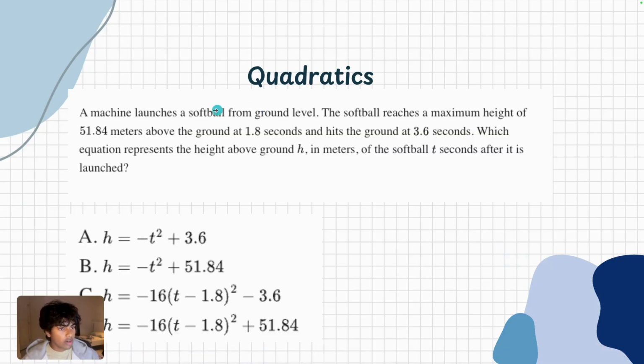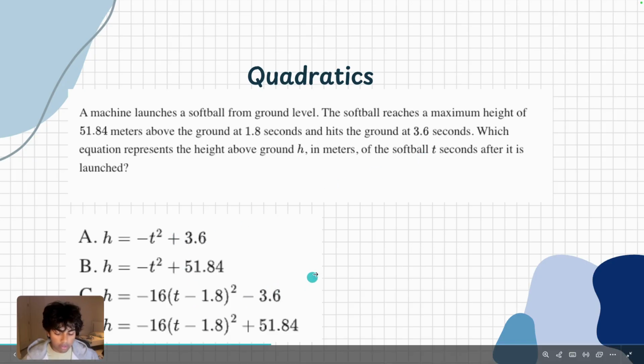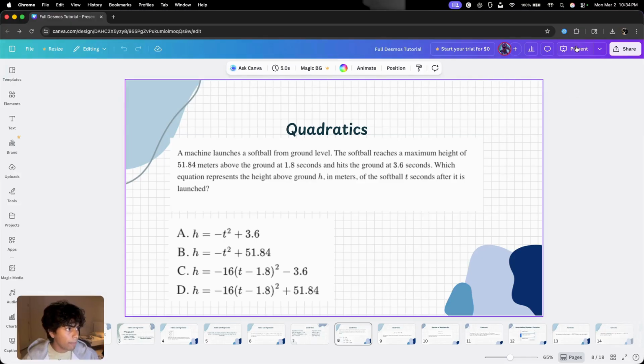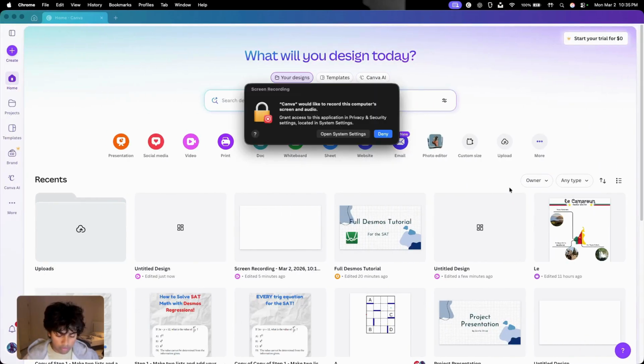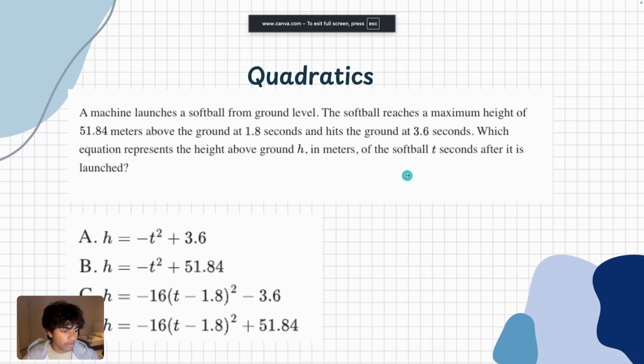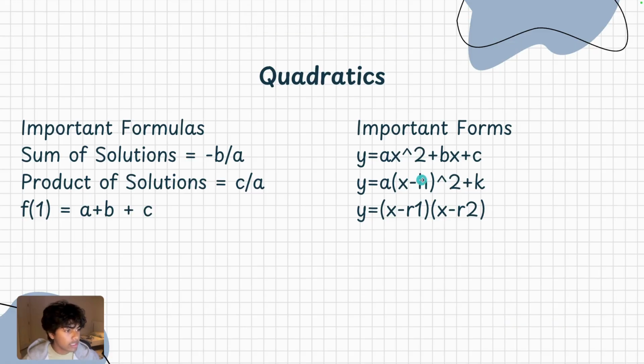A machine launches the softball from ground level, reaches the maximum height of this after this many seconds, and then hits the ground at this time. Which equation represents the height after t seconds? So remember, you want to look at these equations right here.